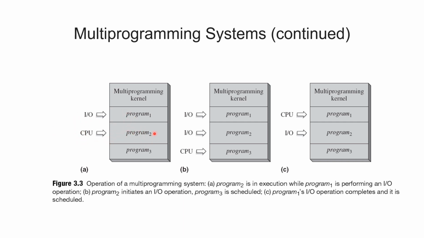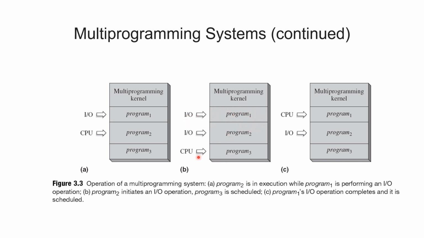Once this execution is completed, that particular resource will be shifted to another program. In the second diagram, program 2 completed the CPU operation and the CPU will be switched to program 3. But program 1 is still executing the input output operation.